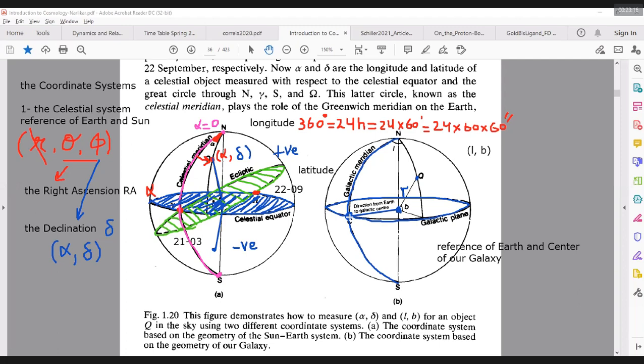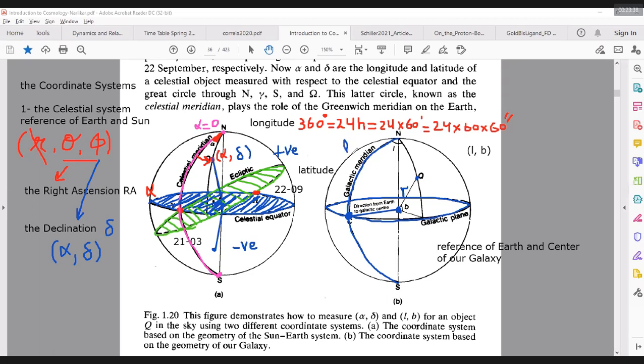So as it intersects the sphere, the position is C, and you have to pass the meridian through this point C. And once again, the meridian works as the reference.